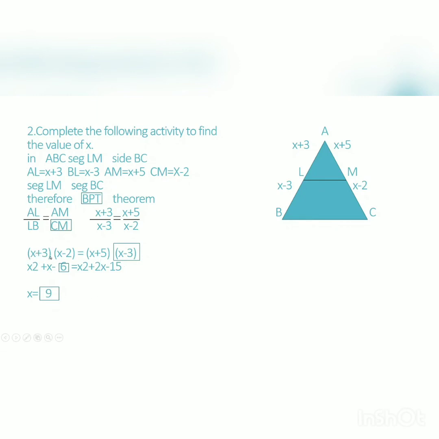After calculating x plus 3 into x minus 2: x square, x into x; then x into minus 2, minus 2x; then 3 multiplied by x, 3x; minus 3 into 2, minus 6.